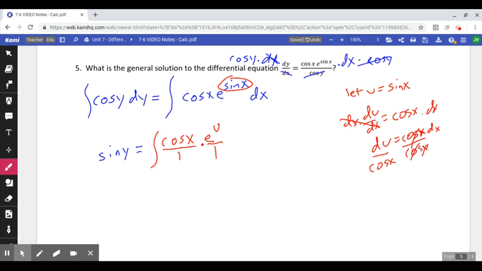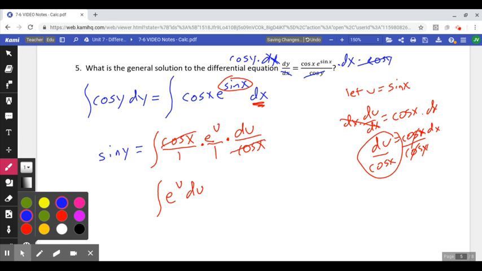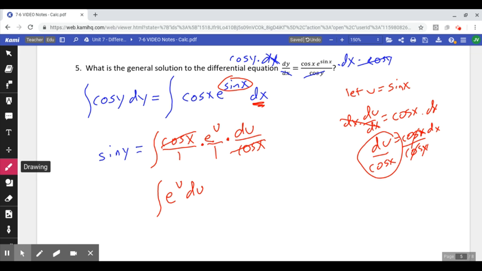And then dx over here on the right-hand side is equal to du over cosine x. So you can just replace that with du over cosine x. The cosine x's luckily cancel out, and then we can write that right-hand integral as just e to the u du. On the left-hand side, we still have the sine of y.